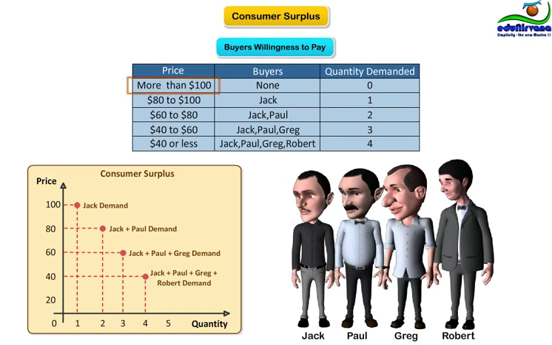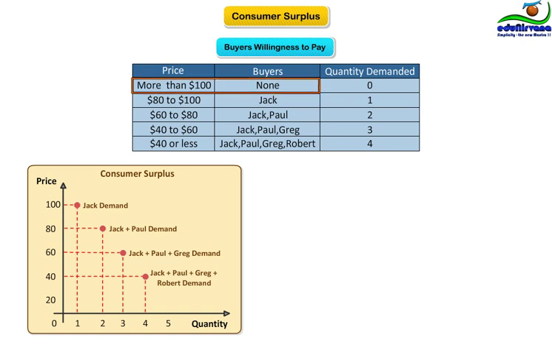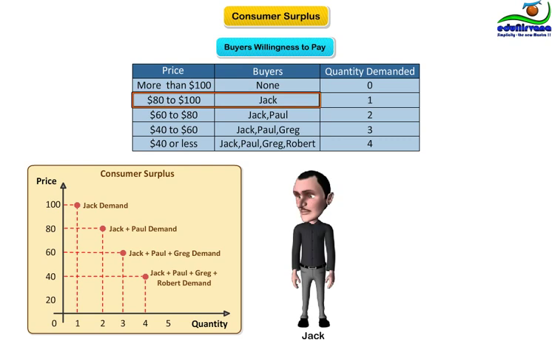For a price more than $100, none of the buyers are ready to buy, as this price is higher than the willingness to pay of any of the buyers, as a result of which quantity demanded is 0. For the price range between $80 and $100, only Jack is ready to buy and the quantity demanded is 1.